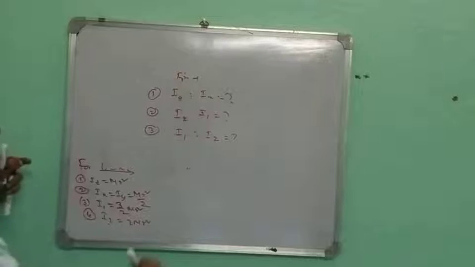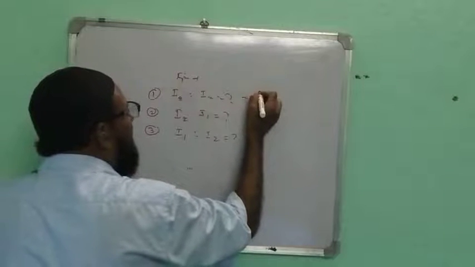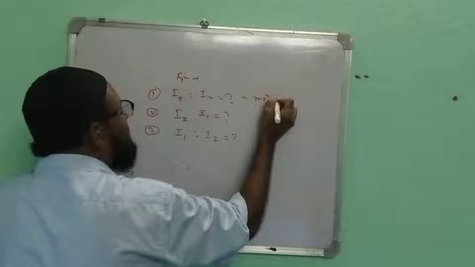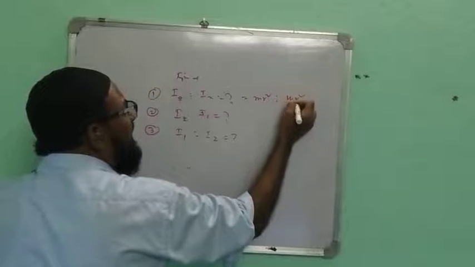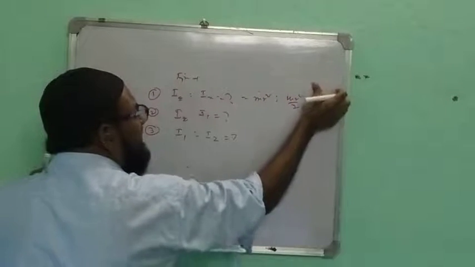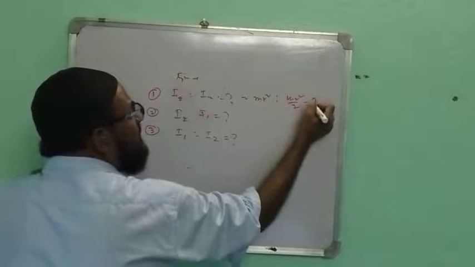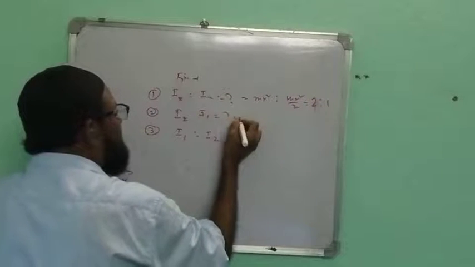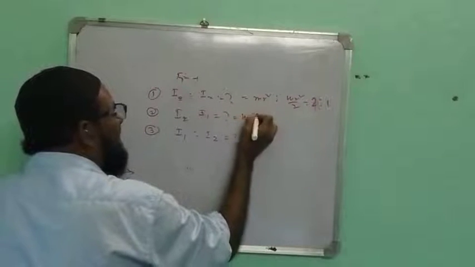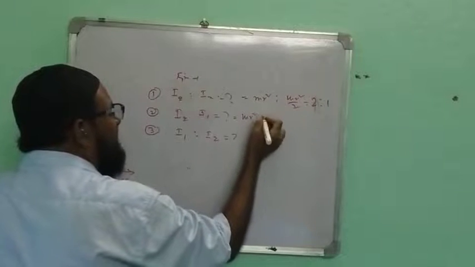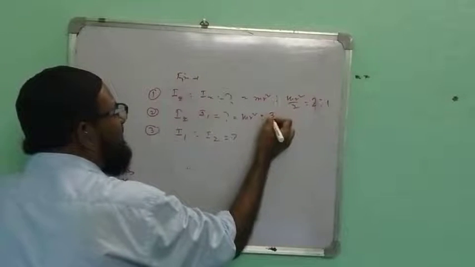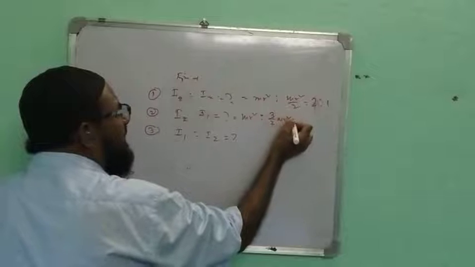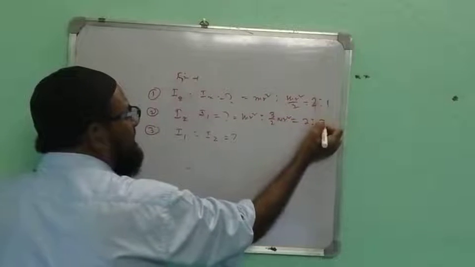I_Z, what is the formula? We know it is M R square. I_X is M R square by 2. What is the answer? 2 is to 1. I_Z is M R square and I1 is 3 by 2 M R square, so 2 is to 3.